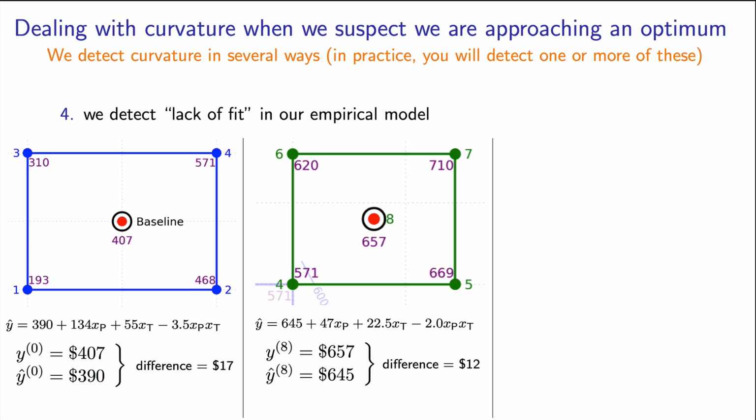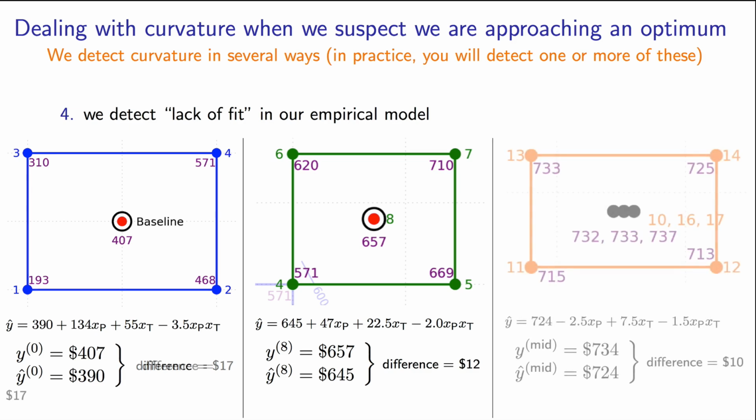In the second factorial, the actual center was 657, while the predicted center was 645, a difference of $12. That again is small when compared to the neighborhood we're in. In this third factorial, though, the actual center is at the average of these 3 baseline values, 734. Compare that to the predicted center value of 724.